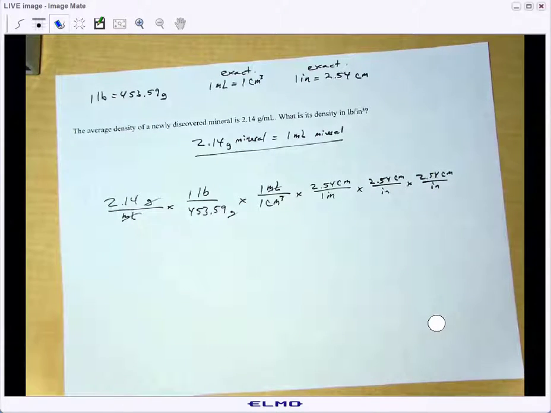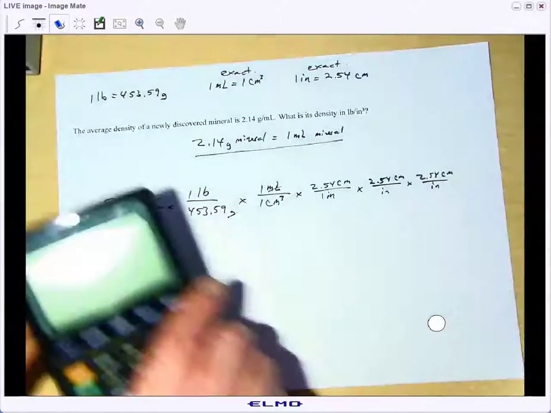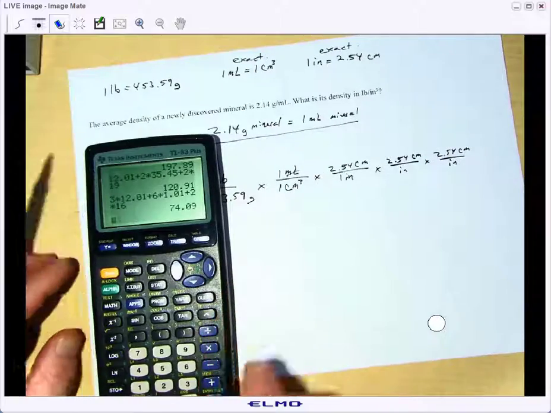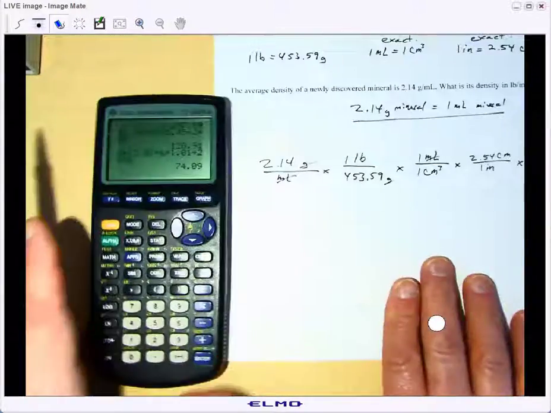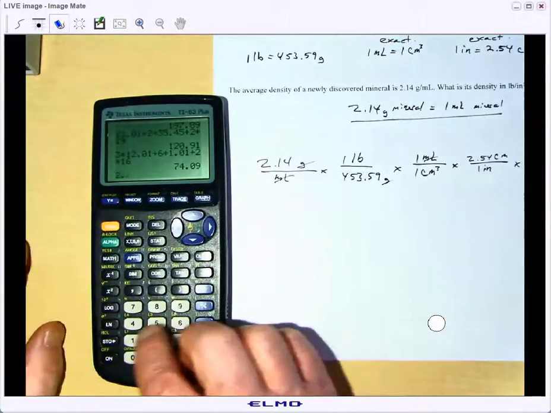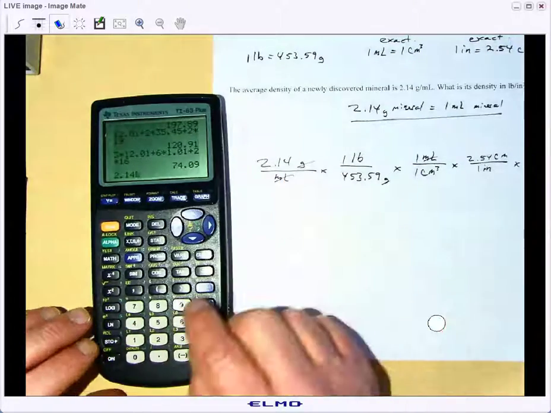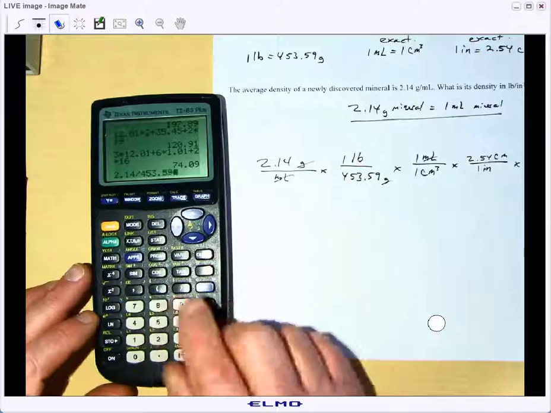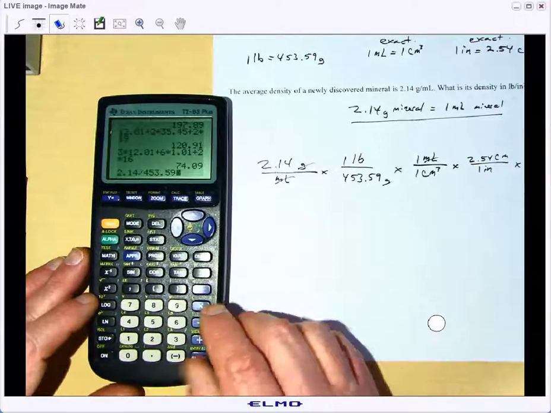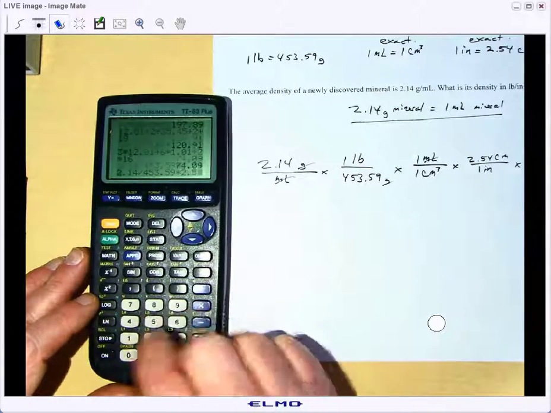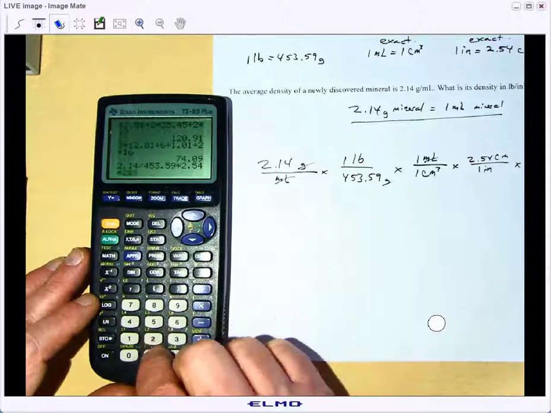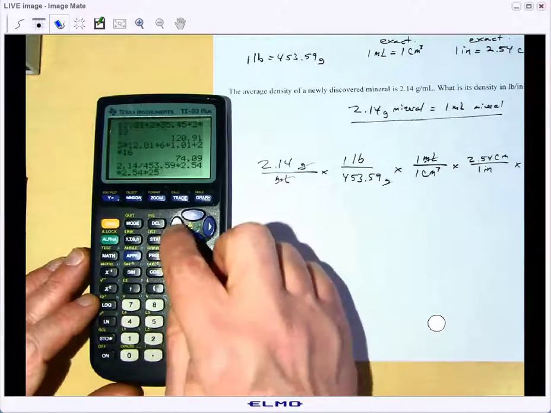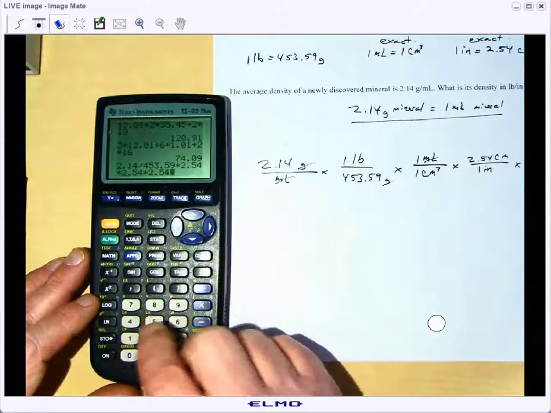we get, let's see, clear. Can you guys see this? All right, good. So what we have is 2.14 divided by 453.59 times 2.54 times 2.54 times 2.54.